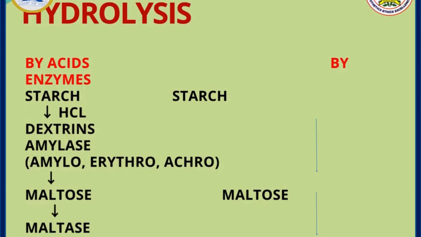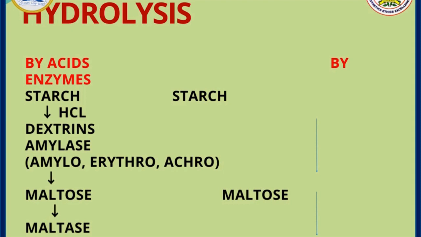Starch can be hydrolyzed by acids and by enzymes. In our body, starch is hydrolyzed by enzymes. As we know, amylase acts on starch to form maltose. Maltose, by the intestinal enzyme maltase, forms glucose. Whereas in the lab, we can hydrolyze starch by using acid, say concentrated hydrochloric acid.